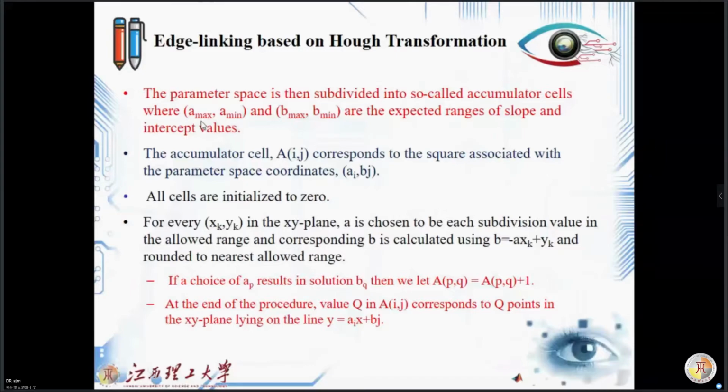If a choice of ap results in solution bq, then we increment A(p,q) by one. At the end of the procedure, a value Q in A(i,j) corresponds to Q points in the xy plane lying on the line y equals ai x plus bj.